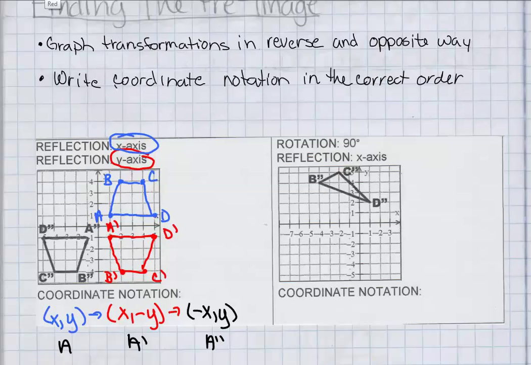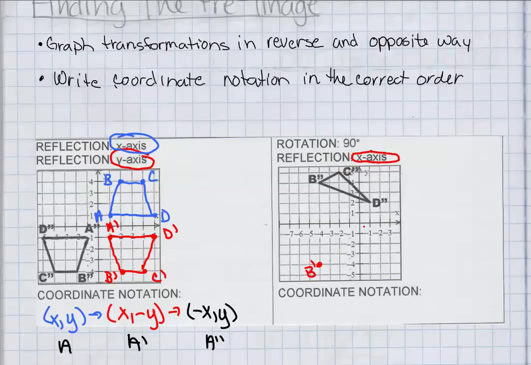All right. So now, this next one, it was rotated 90 degrees and then reflected across the x-axis. So in reverse, we're going to reflect B, C, and D double prime across the x-axis to get B, C, and D prime. This B double prime is 4 above the x-axis, so we're going to go 4 below the x-axis.